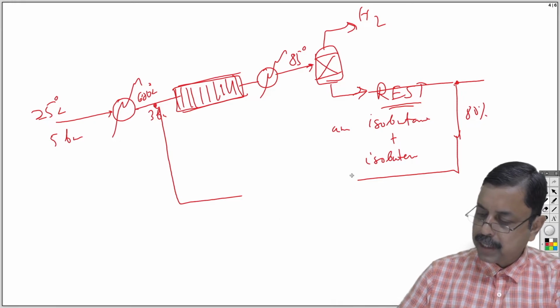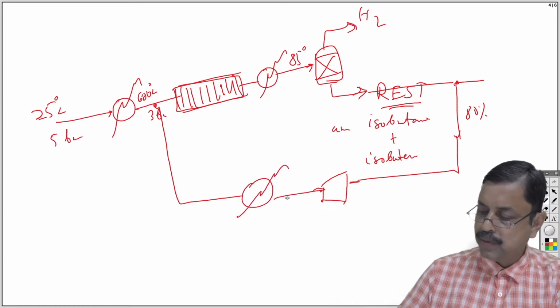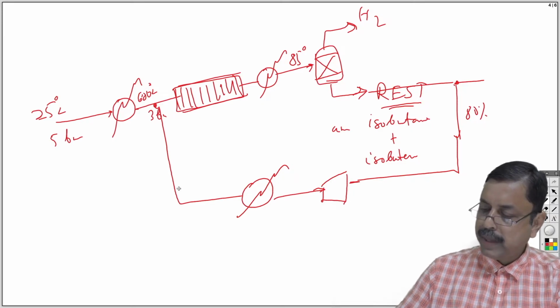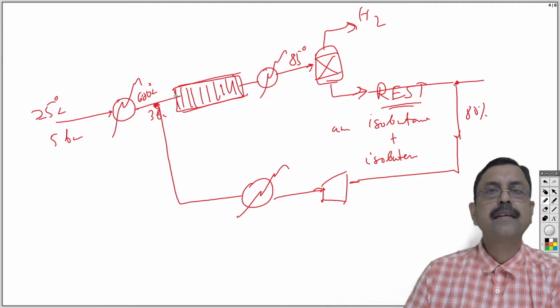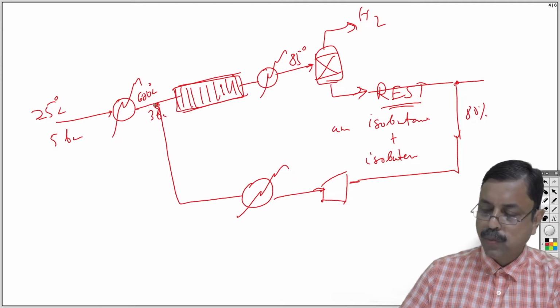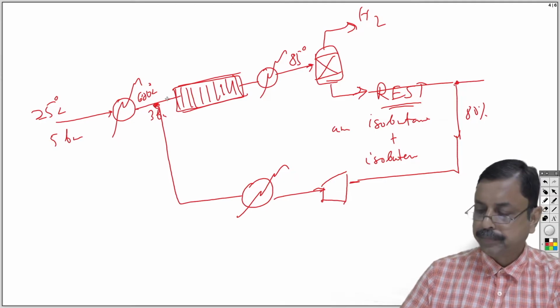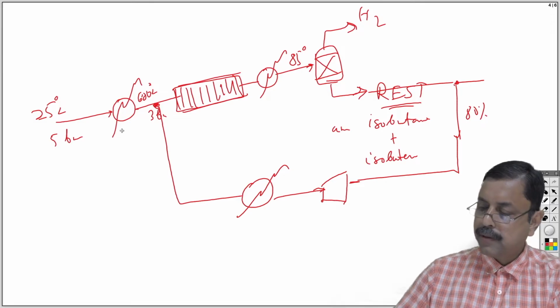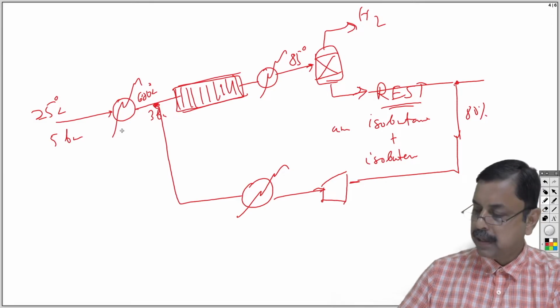So we know for pressure correction we have to use a compressor, and for temperature correction we have to use a heater. So after doing that, we can send it to a mixer, and that will mix it with the original feed. So this is the complete picture till now.